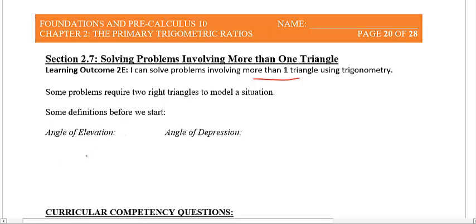The angle of elevation, remember that? I'll draw a picture here. It's always measured from the horizontal going upwards, or I'll say counterclockwise.